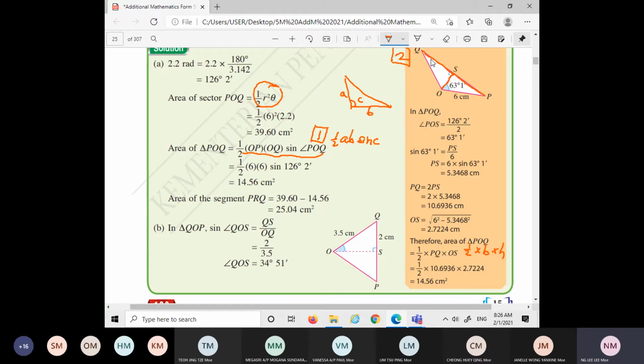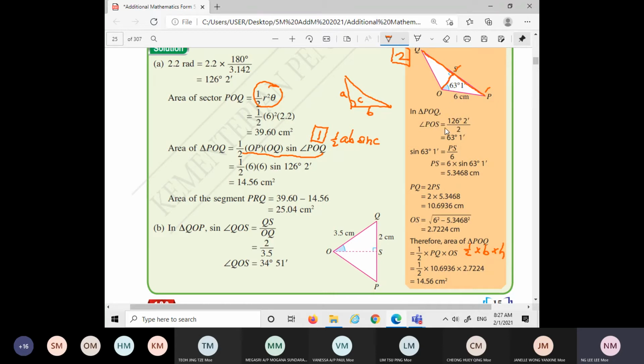For us to find the base, we cut the base into half first. So you see in the triangle POQ, angle POS, this angle, you also divide into half.